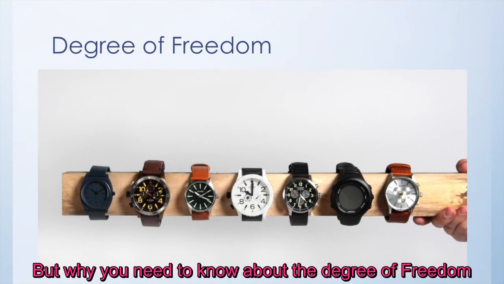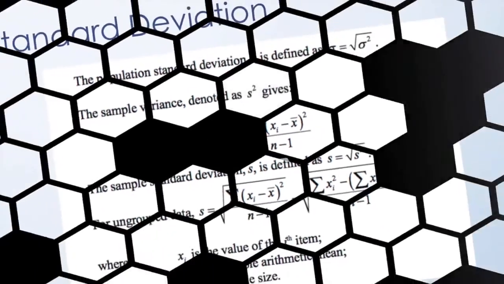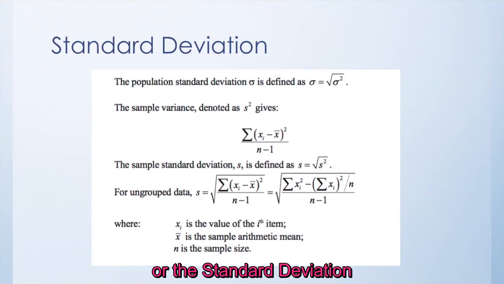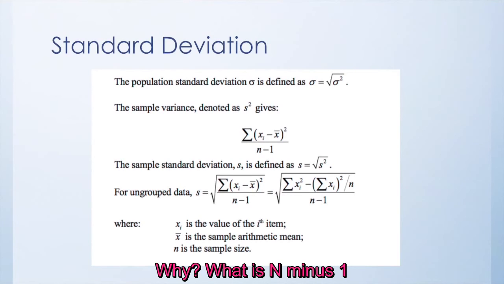But why? You need to know about the degree of freedom. Let's go back, in case you cannot notice. You see, when you use the variance or the standard deviation from the sample, we don't use just n, but n minus 1. Why?